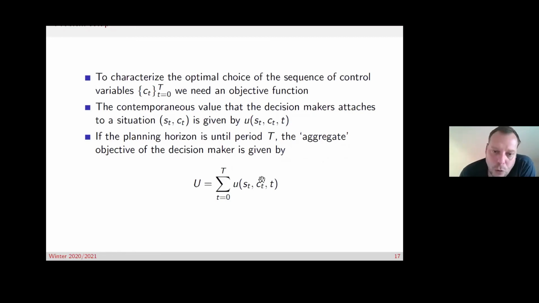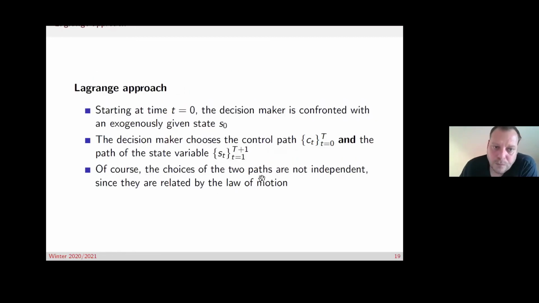So the first approach is called the Lagrange approach, and you will see in a minute that this turns out to be very familiar, more or less, to the Lagrange optimization that you've seen in many parts of your studies.